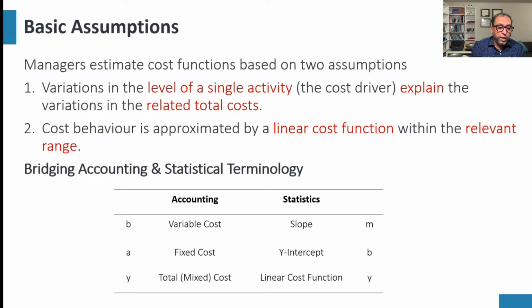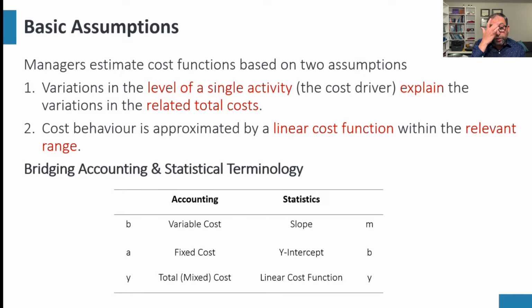But in accounting, we represent the slope as the variable cost. If we produce one more unit, how much is the cost increasing? We can represent it as a variable cost with the slope of the curve. In a linear function, the slope is fixed, but in a non-linear function, the slope is changing.